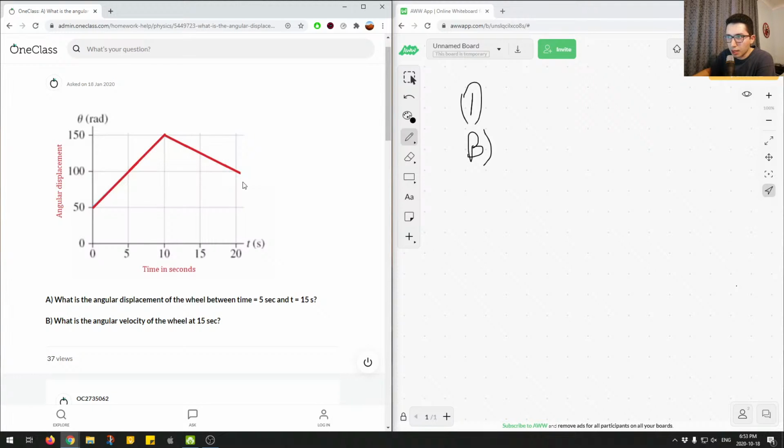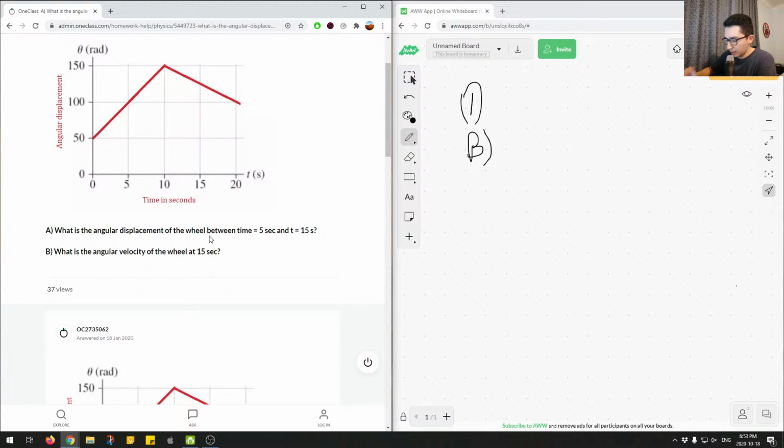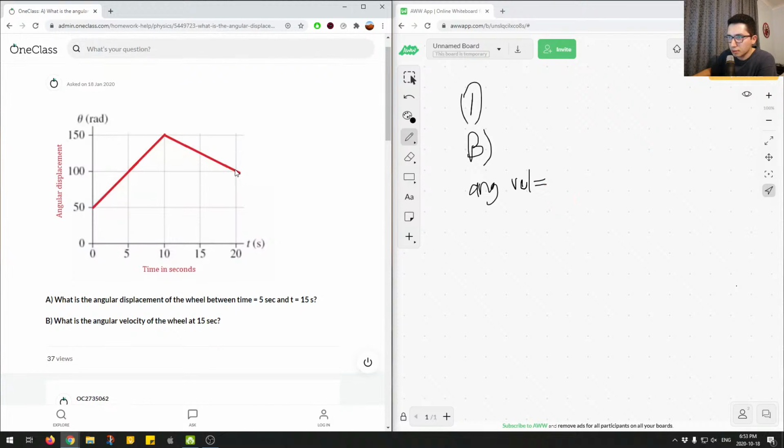Because we have a straight line, we can just take 2 points on this line and do the rate of change. So we know that the angular velocity at time equal to 15 will equal rise over run. We'll say this is the final point and this is the initial point.